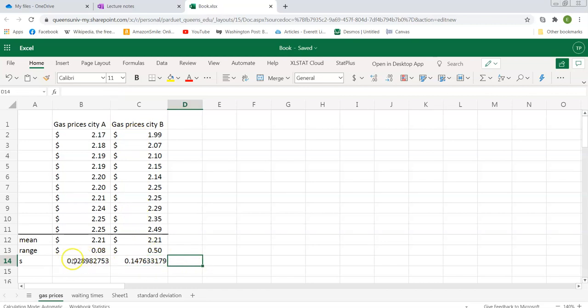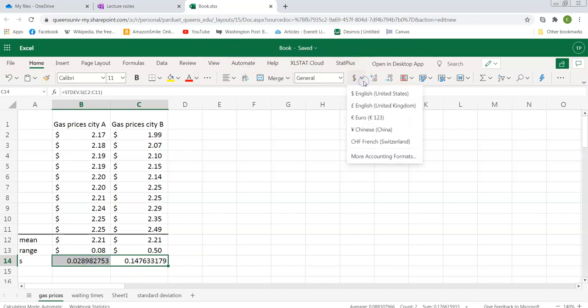So this one has a standard deviation of only about 3 cents, whereas this one has a standard deviation of almost 15 cents. And I'm going to go ahead and write this as a dollar amount.